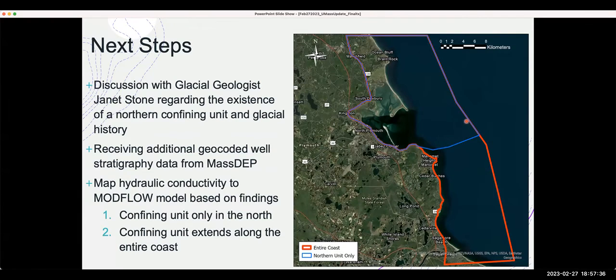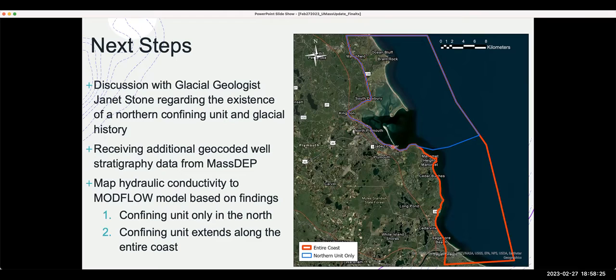So maybe Xander, you can kind of walk us through these two options. Yeah, for sure. So the plan is to see how this confining unit that we've been discussing, the key word of the last couple of slides, is going to impact saltwater intrusion. So the two ways we're going to do this: there's one idea that the glacial lake was really only in the north, and so the location of the lake basically determines where that fine sediment is, because it's deposited from a lake.